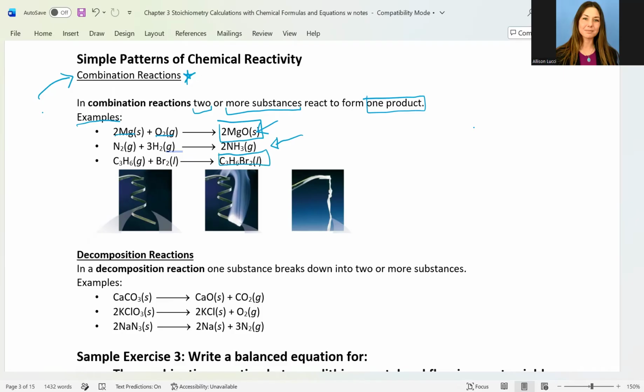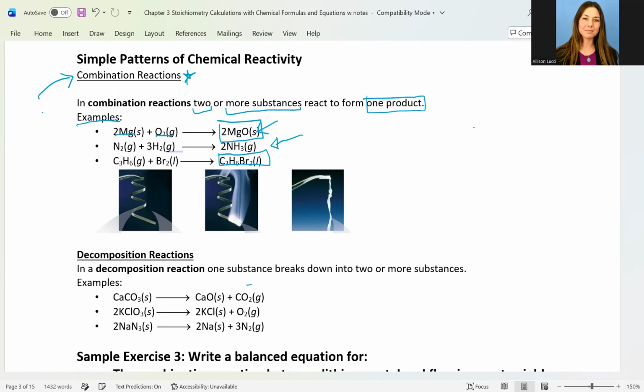So we can see solid and gas combine to form solid, gas and gas combine to form gas, or gas and liquid combine and form liquid. So any combination of phase of product and reactant, that won't be one way to differentiate a combination reaction, as we can see, due to all different phases being represented here.